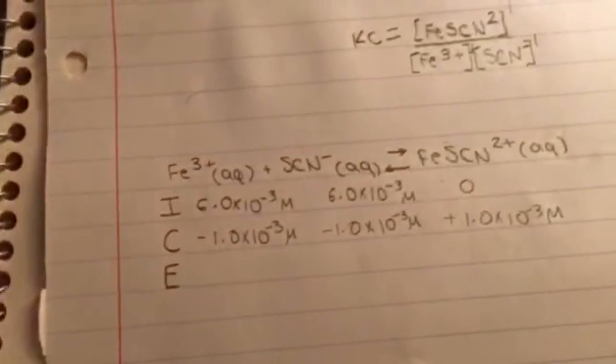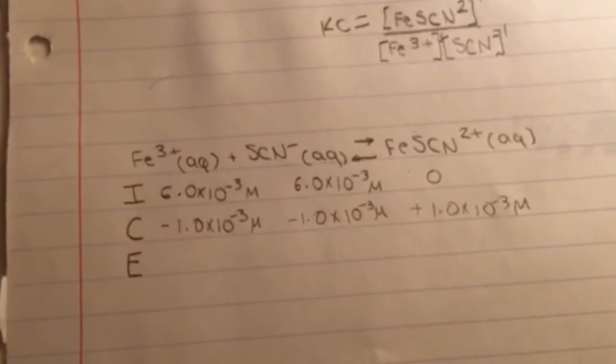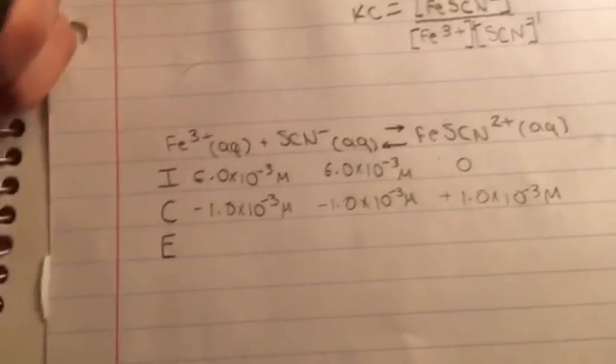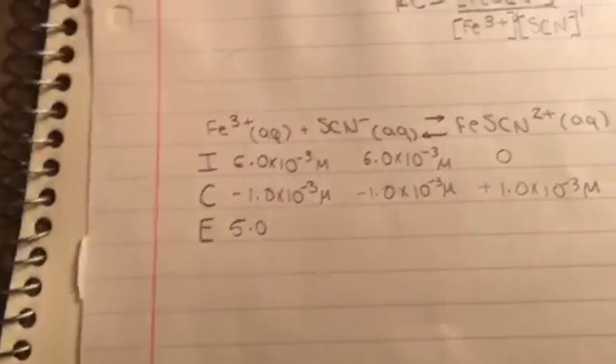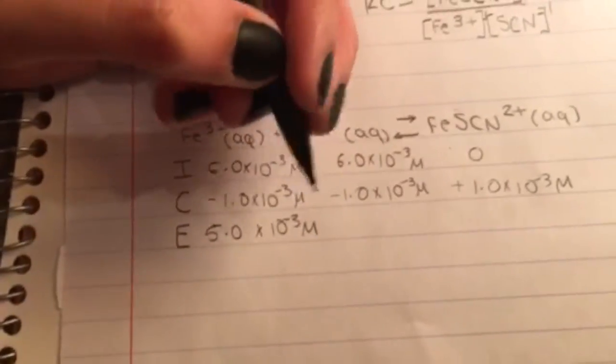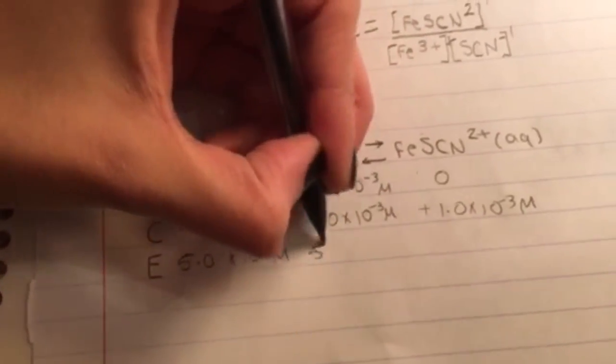From there we have our initial and our change, so we can calculate the E. For Fe it would be 5.0 times 10 to the negative third molarity, and the same for our SCN. For FeSCN, it would be 1.0 times 10 to the negative third molarity because we're adding it to 0. Now we can write our Kc.